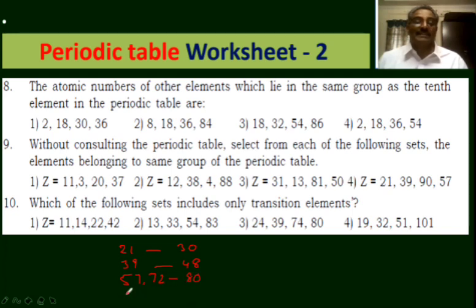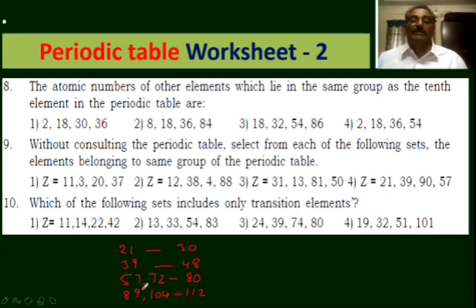Next series, that is the fourth series, is actinium 89, and 90 onwards inner transition elements start, 90 to 103. So 104 to 112.